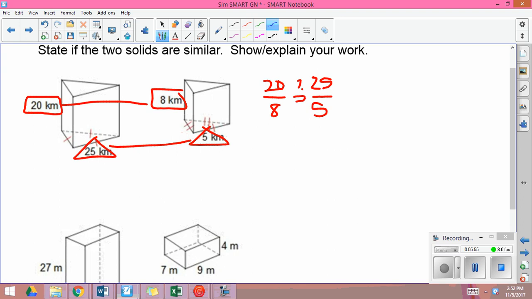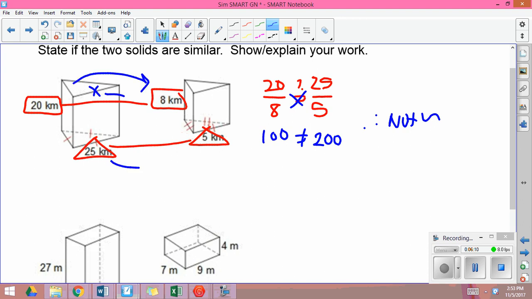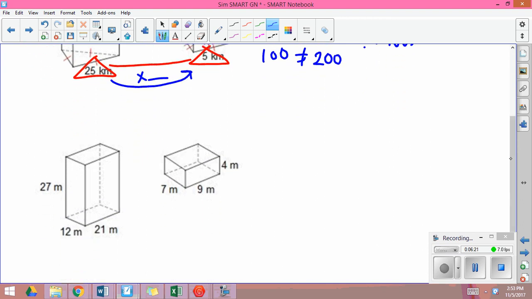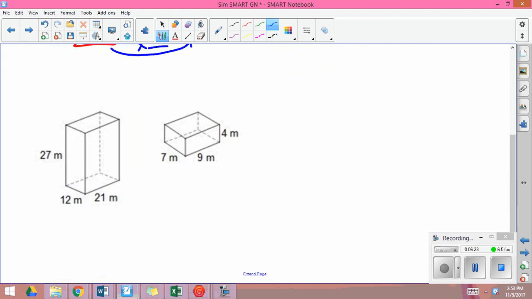We can also check our cross products and say 100 is not the same as 200, therefore not similar. We did not multiply or divide by the exact same number to change these figures. We blew it up by different amounts. So we can reduce the fractions or we can use cross products. If I have 3 dimensions, I have to check all 3 dimensions.